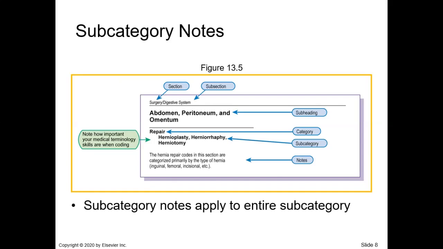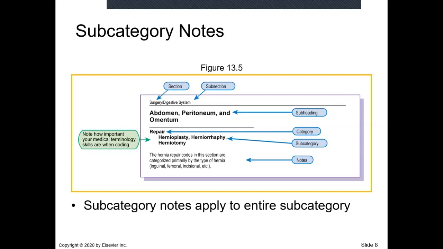What I have simply done is I used actually pink and yellow, and all that I did was I highlighted my surgery here, pink, and that is my section. Then I highlighted my digestive system, yellow, which is my subsection.